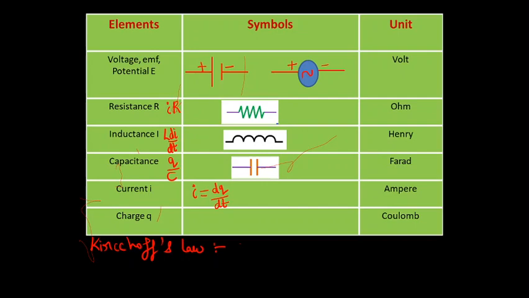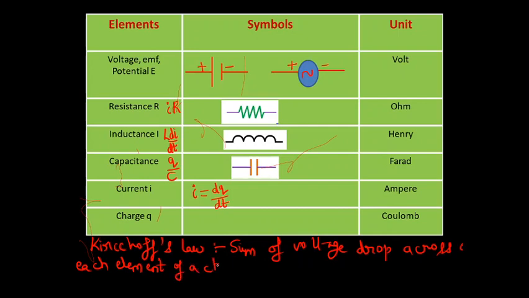It states that the algebraic sum of all voltage drops around any closed circuit is equal to 0, or it can also be stated as the sum of the voltage drops across each element of a circuit is equal to the applied voltage.